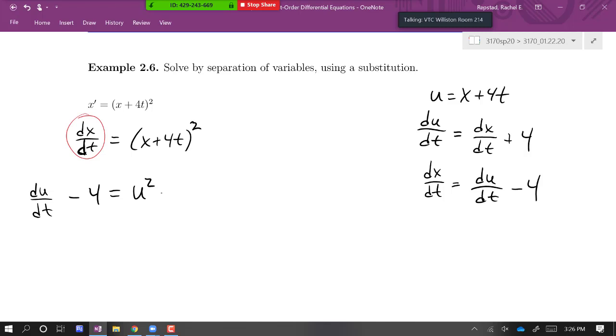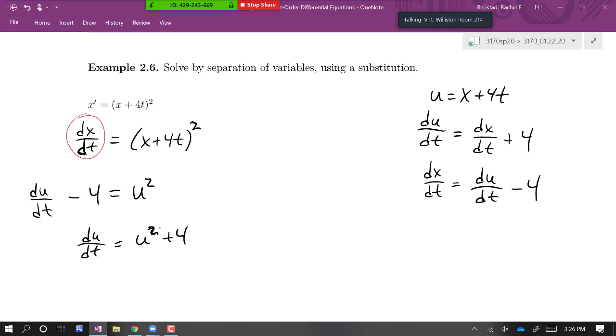Okay, so now let's rewrite this. I'm going to get du dt by itself. So du dt is u squared plus 4. And this is not too hard to separate now, right? We're going to multiply by dt, because that's never on the bottom. We always know we're going to do that.